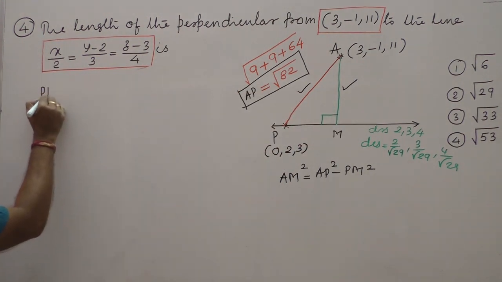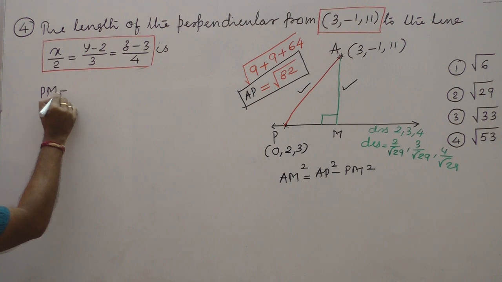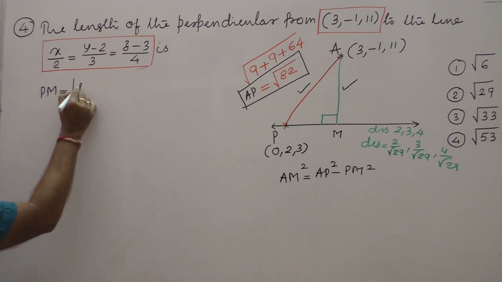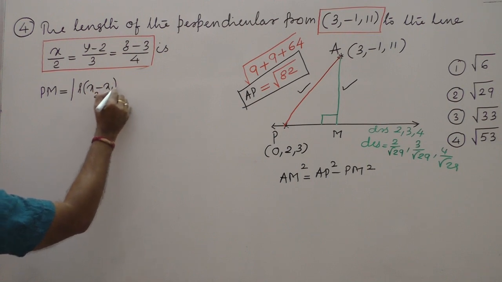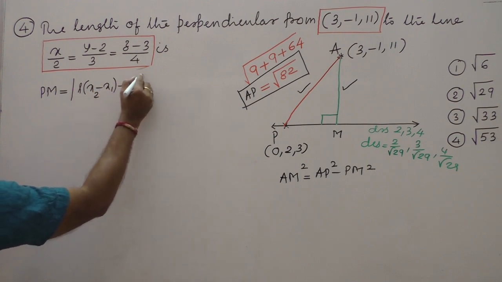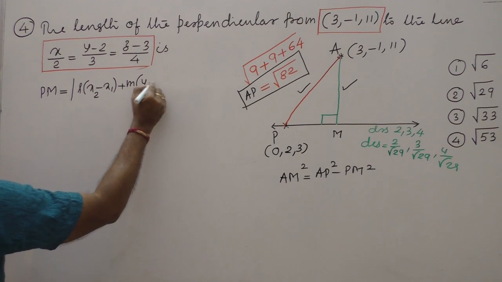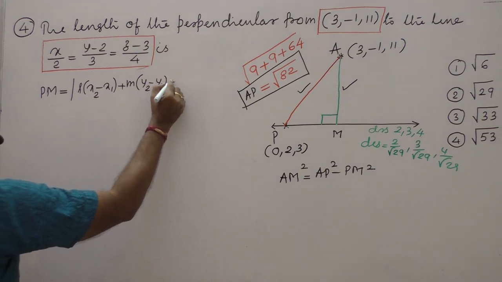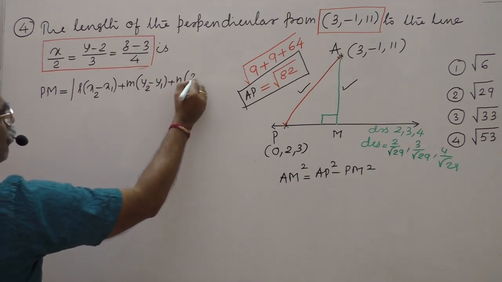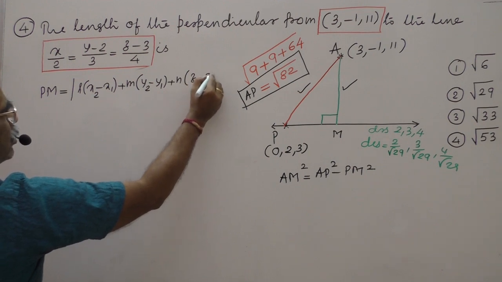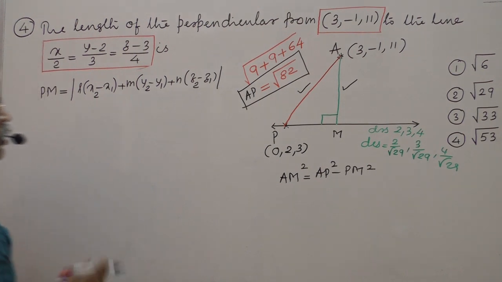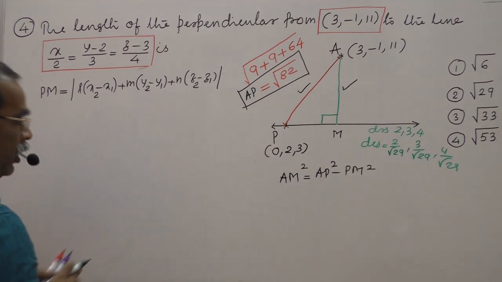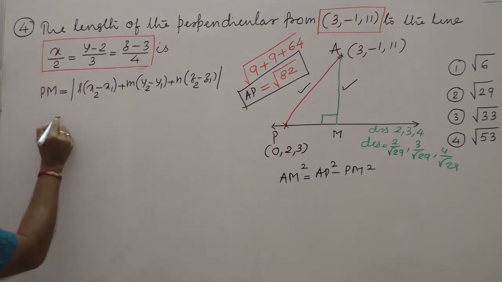Therefore, we have a formula for that. PM is equal to l into x2 minus x1, m into y2 minus y1, n into z2 minus z1. We have seen this in DRs and DCs. This is the projection of PA on the line where l, m, n are DCs. So what is l?